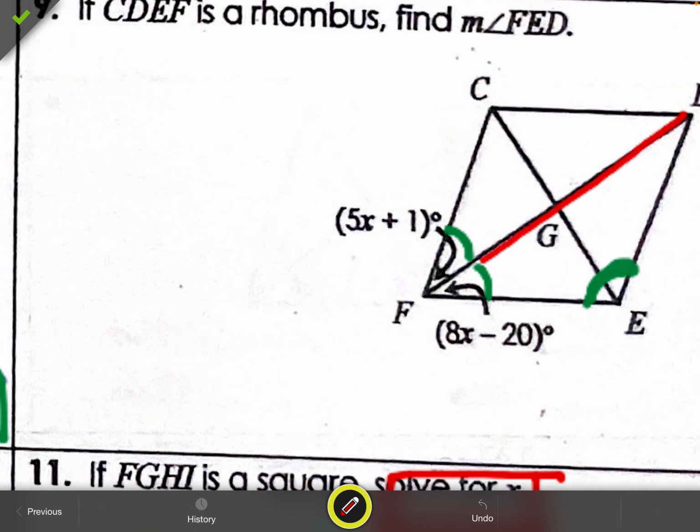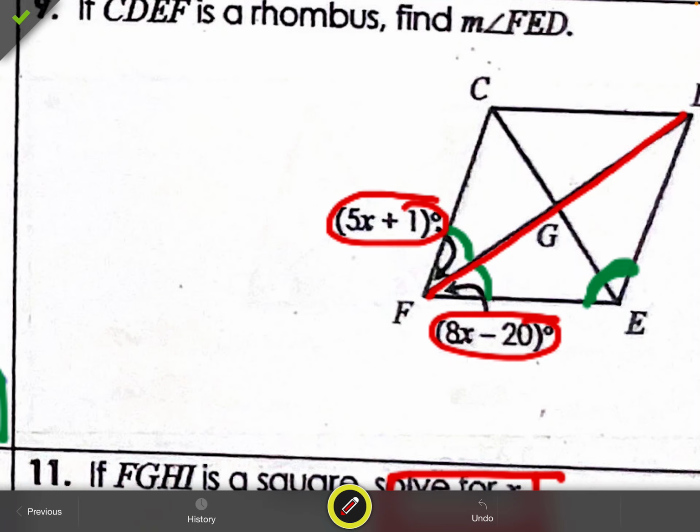Remember, your diagonal bisects it, so it cuts this corner in half. That means this piece is equal to this piece. Remember, if the whole corner is 40, then this piece is 20 and this piece is 20. We don't have numbers.